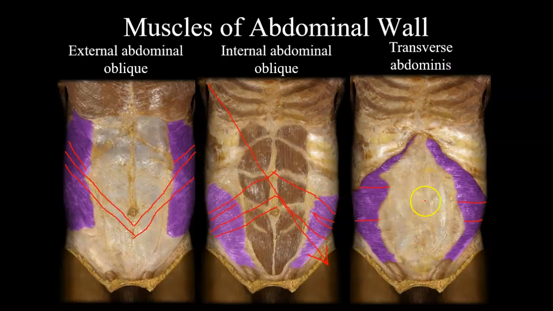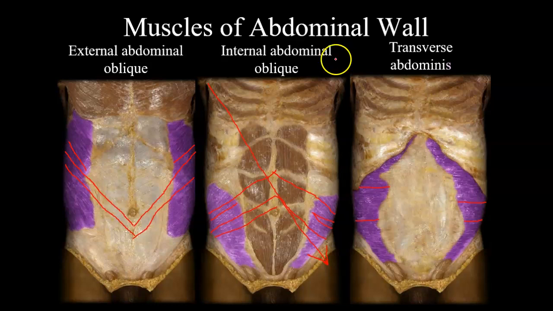Transverse abdominis. This really doesn't do a whole lot of side bending, or what's called lateral flexion. Really what this does is help to compress the abdominal cavity. So when we think about increasing intra-abdominal pressure, think of when you cough or sneeze, or you have a bowel movement, or you laugh, or you yell, or whatever it happens to be, those muscles throughout the abdomen which can tighten up.